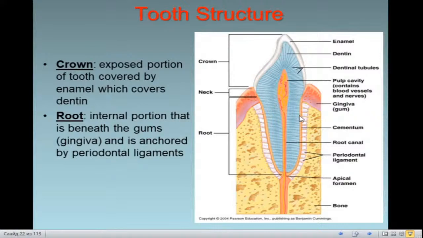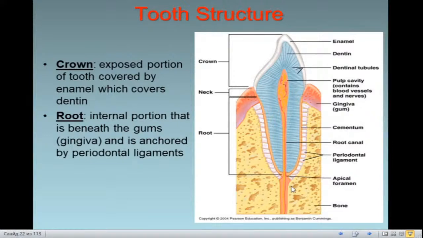The root is covered by cementum around the pulp cavity, and dentine also covers the pulp. The pulp has a continuation called the root canal, which ends with the apical foramen and exits to bone.